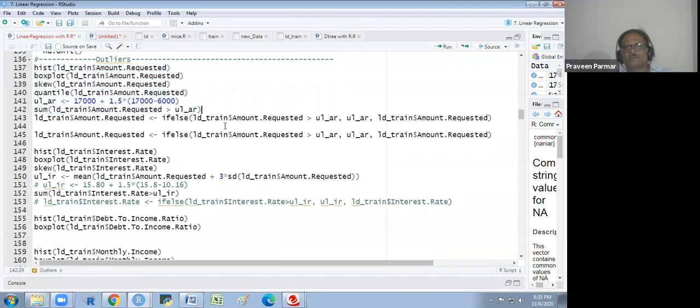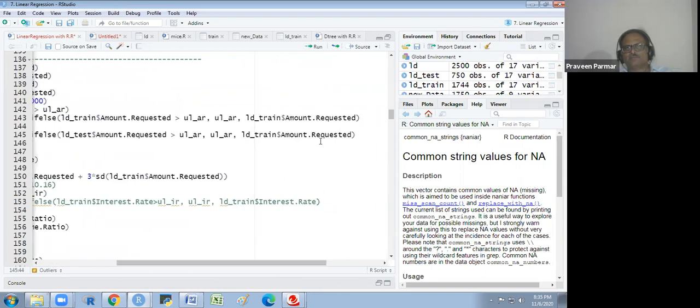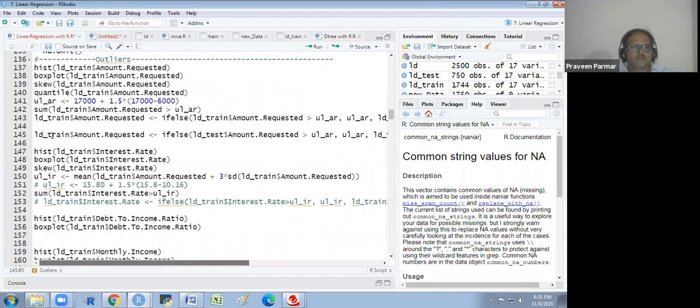I will just change here only, where I impute the value. So what data name do we have? LD underscore test or LD only test? LD underscore test. So I will just write here test. Got it? And here also. And here also.